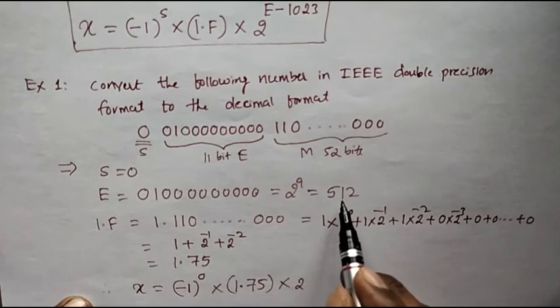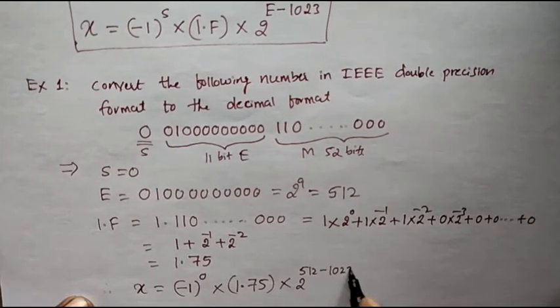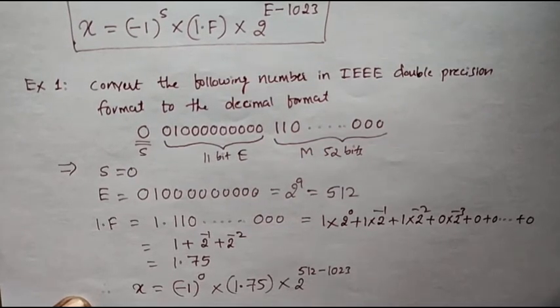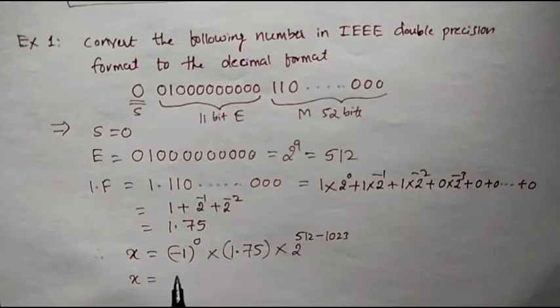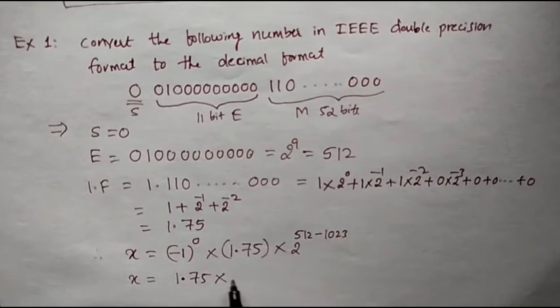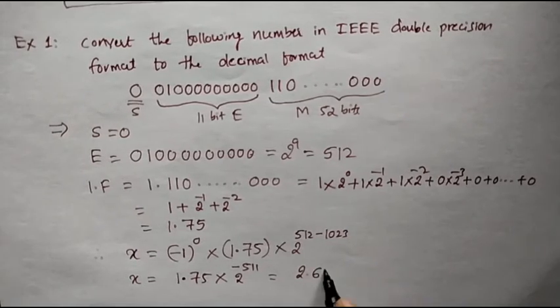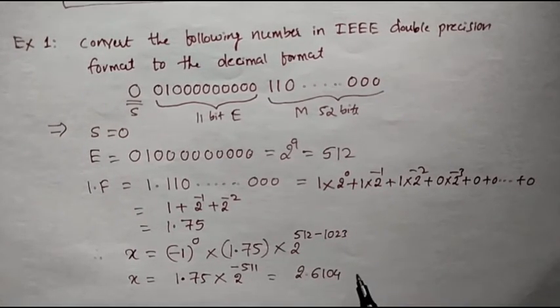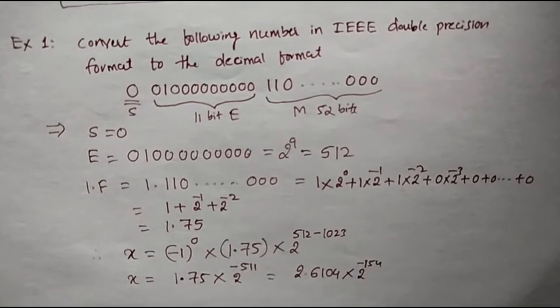The exponent value is 512 minus 1023, which gives X is equal to minus 1 power 0, which is nothing but 1, so it gives 1.75 into 2 power minus 511, or I can write it as 2.6104 into 2 power minus 154.